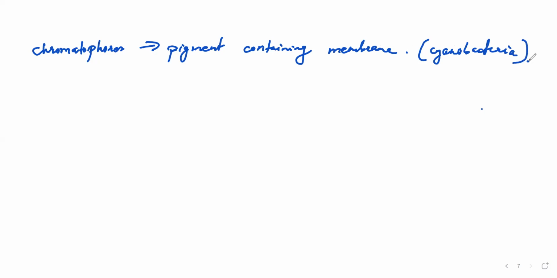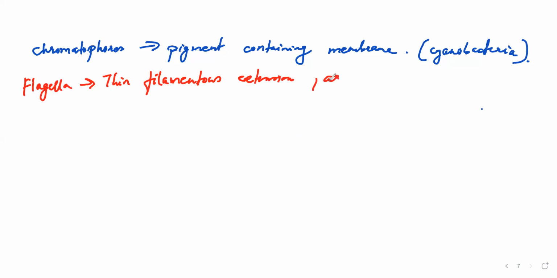Then the next structure of the prokaryotic cell. I told you three important structures, that is flagella, pili, and fimbriae. The first one is the flagella. Flagella is nothing but the thin filamentous extension which arises from the cell wall.